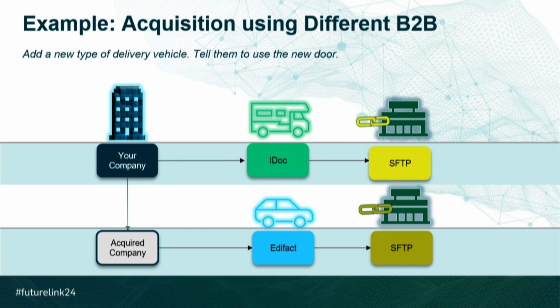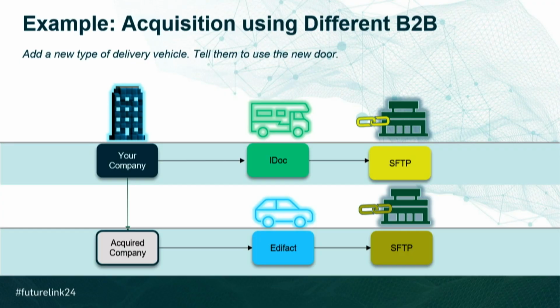You've got different file formats, so you'd have a different door that it needs to go through, so it's got a different connection association. But the main point to drive home is that all of these situations are possible. These changes would just happen, and your process of exchanging transactions with your partner remains efficient and seamless. So configuration happens on your side, but that transaction exchange is not affected.